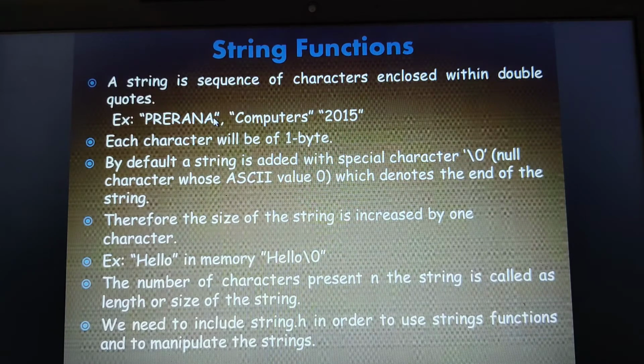By default, the compiler would add a null character at the end of the string. So the total size here would become 1, 2, 3, 4, 5, 6, 7 plus 1 for the null character, 8 bytes. So the total memory given for this particular string will be 8 bytes, because at the end the compiler automatically adds the null character.